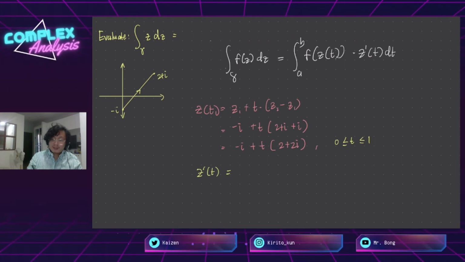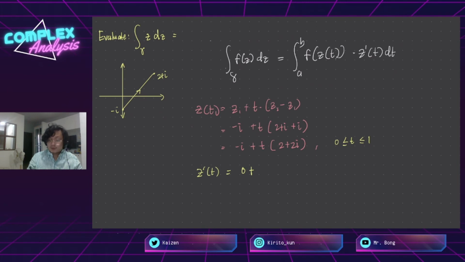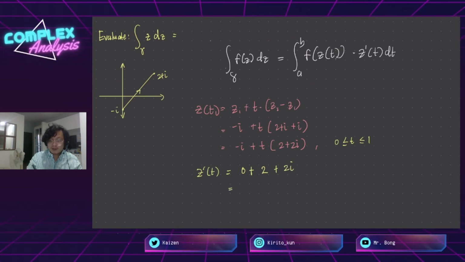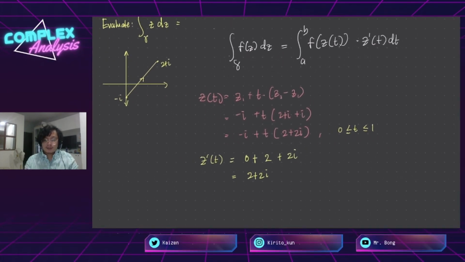Negative i is a constant, so that is 0. Then 0 plus the derivative of 2t is 2, plus the derivative of 2it is 2i. So therefore, z prime of t is equal to 2 plus 2i. Okay?